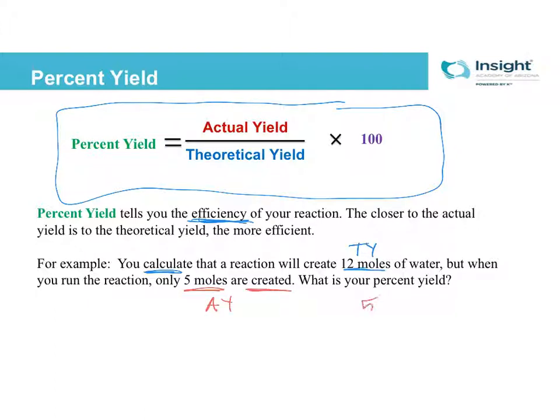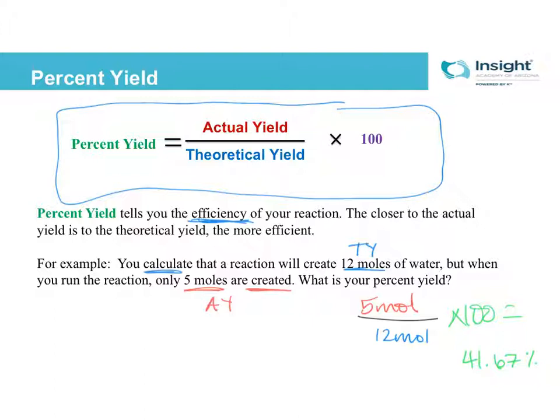All right, so you're going to take 5 moles, divide that by 12 moles, then multiply by 100, and you will get 41.67%.